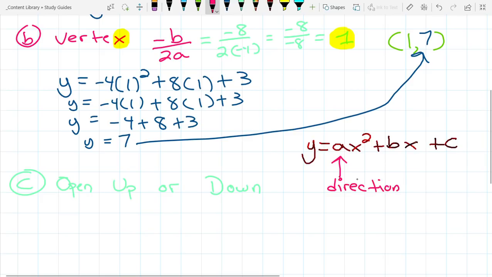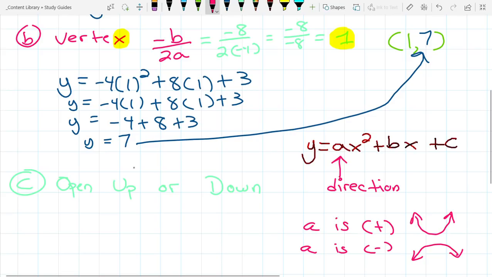The reason it's the a is because the x squared is what's making this curve. So the number with the x squared directs the curve to go up or down. If a is positive, then you're going to open up and make what we call in class a smiley face. If a is a negative number, then it's going to open down and make a frowny face.